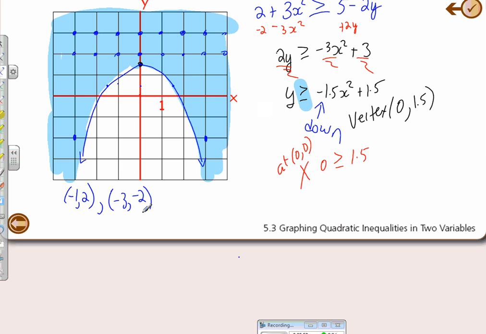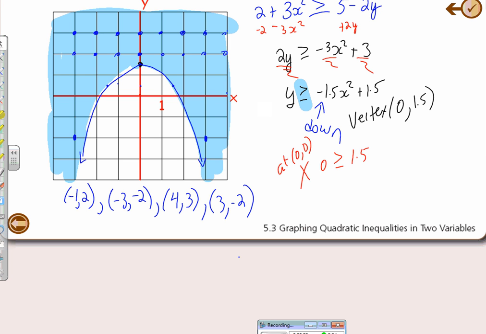How about one in quadrant 1? 1, 2, 3, 4. So 4, 3. How about one in quadrant 4? This one here, 1, 2, 3, -2. Any of those would work.